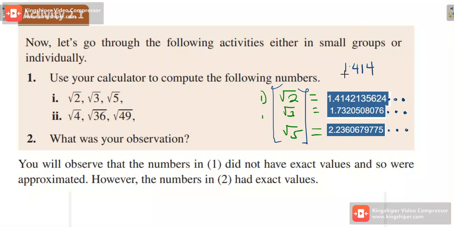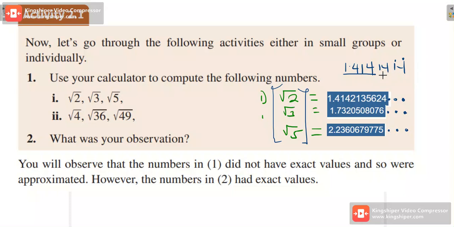It means it is a terminated decimal. But if I write 1.41414, where the 14 is repeating, then we call this a repeating decimal, or we call it a recurring decimal. And recurring decimals are not sets.